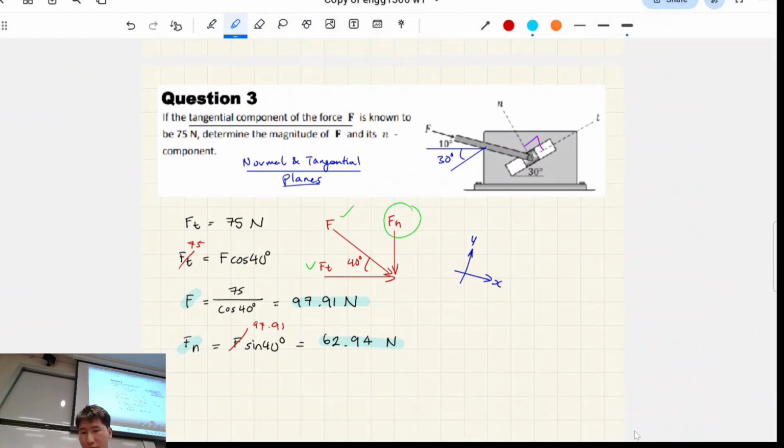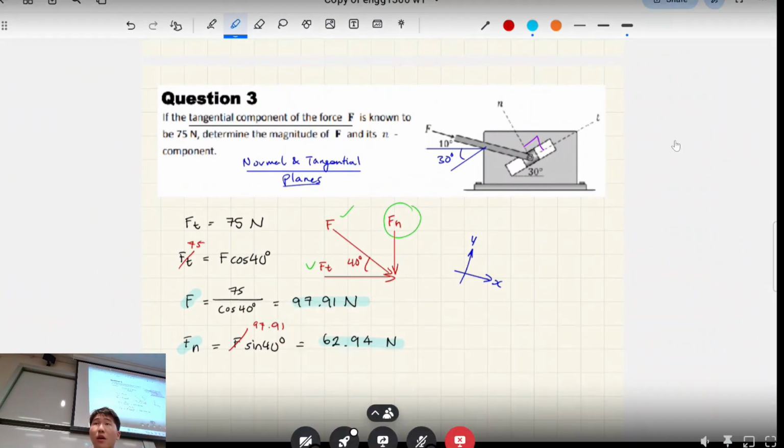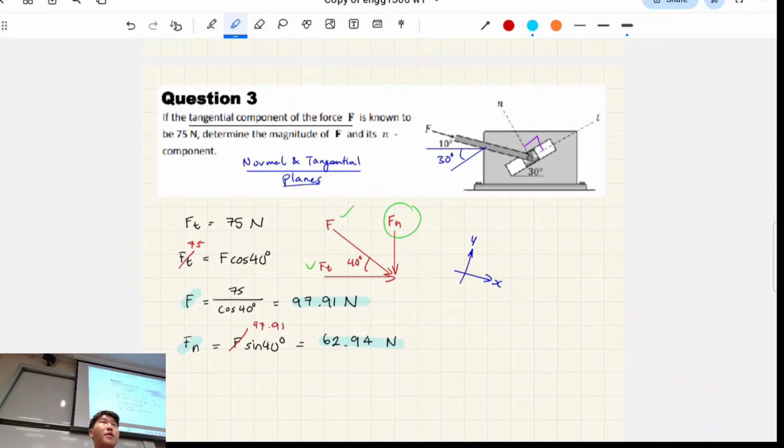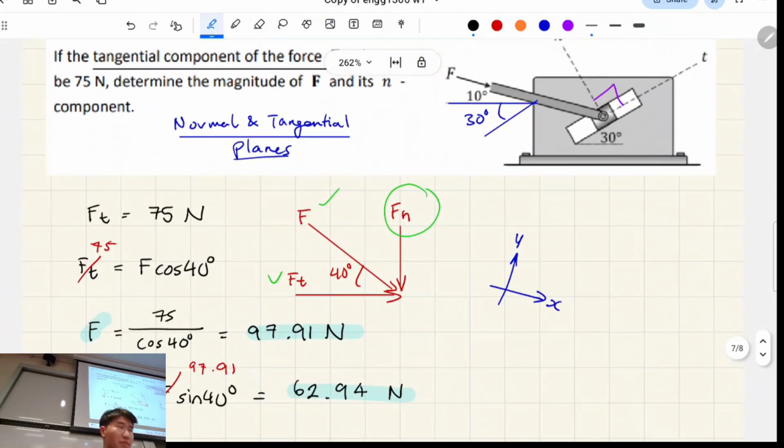Anyone have any questions? Yeah. What does it mean by tangential component? Essentially, I don't want to over-explain the answer to this because we're going to move on in the next few lessons to when we look at rollers and stuff. So inside here we have this slidey bit.